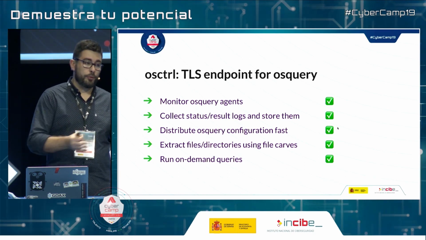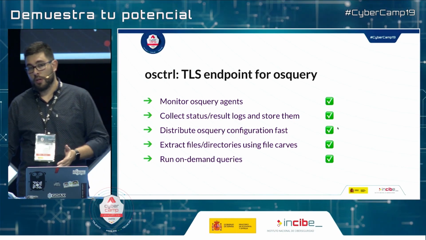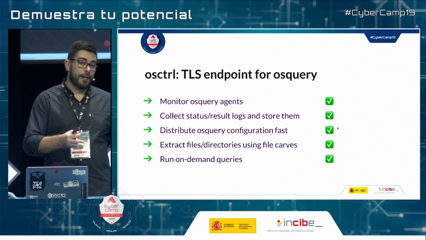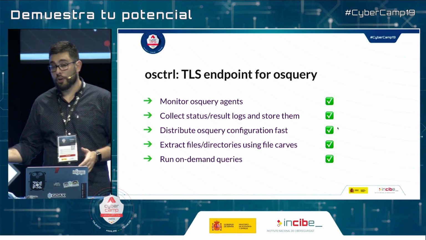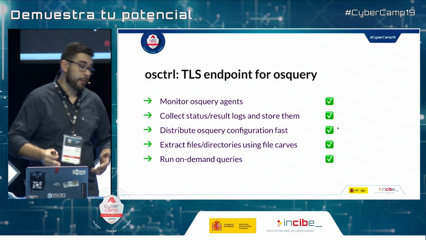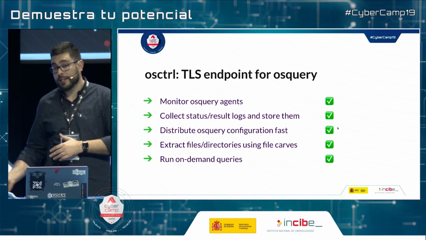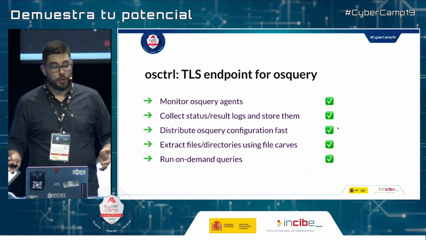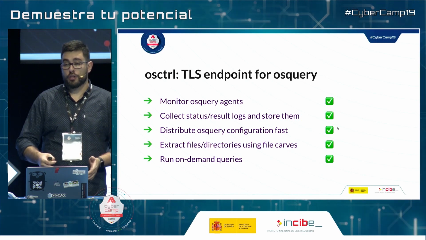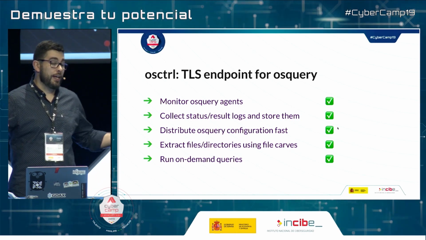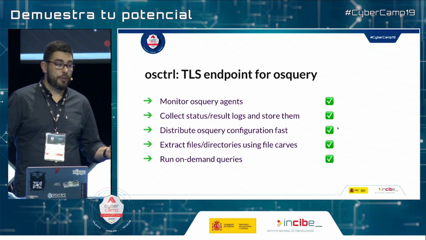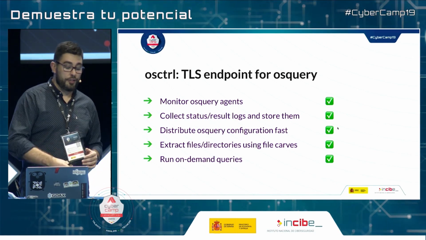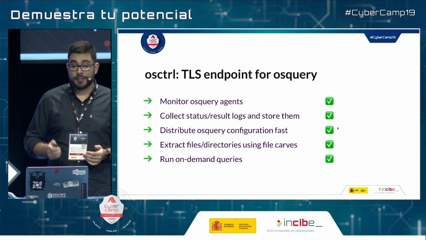Why did I write a TLS endpoint, when I could have used something else, such as doing logging within the machine, using the flags or heavy forwarding? There were many different options for removing the logs from the machines. There's also Chef or Puppet options for distributing the different configurations.